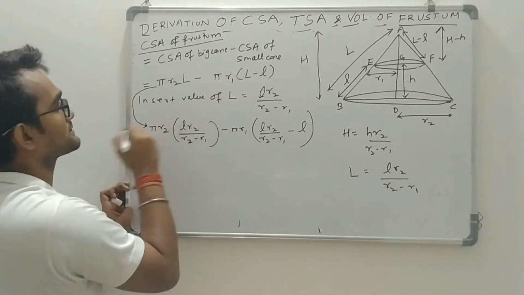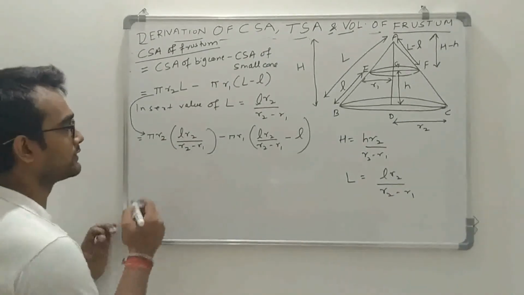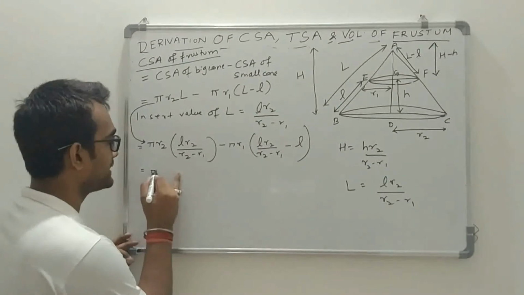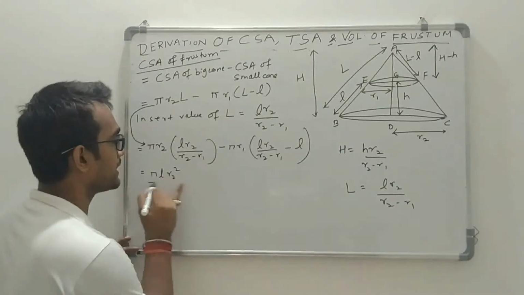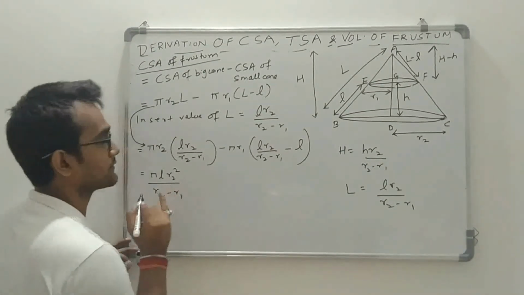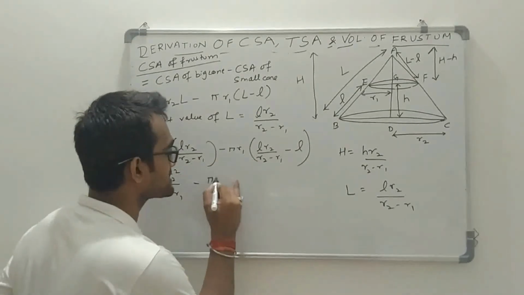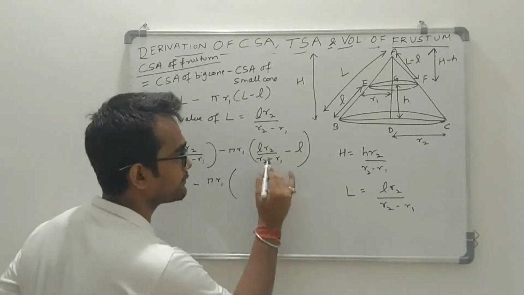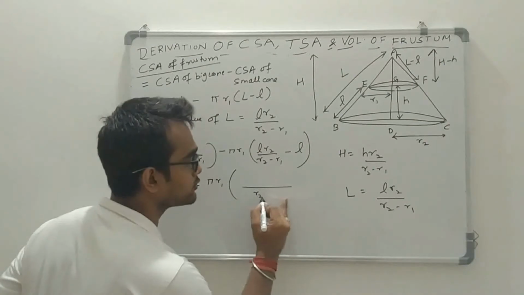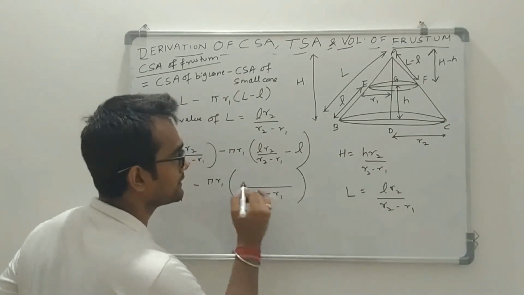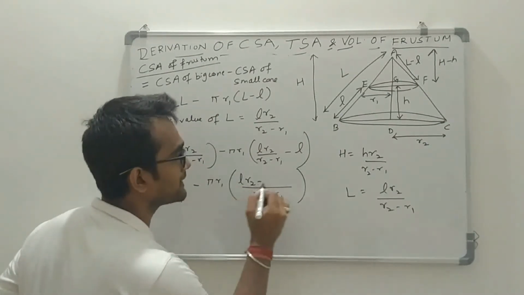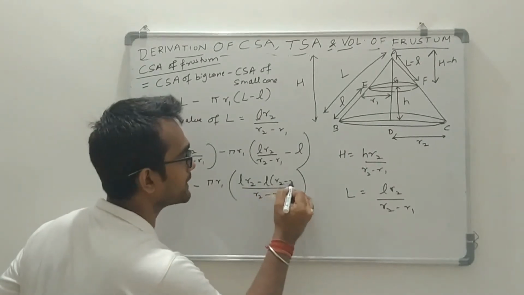After this step, by opening the bracket, we will get pi L R2 square upon R2 minus R1. And in this, first we will take the LCM of these two, that is R2 minus R1. It will become L R2 minus L into R2 minus R1.